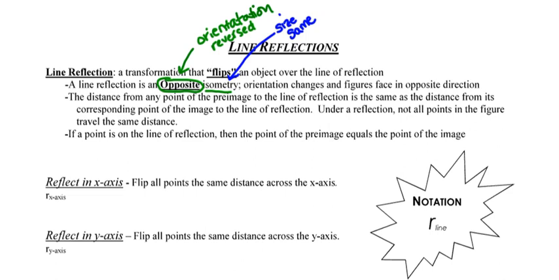Now, one thing that's interesting about a line reflection is that the distance from any point in the pre-image to the line of reflection is always going to be the same as the distance from its corresponding point in the image to the line of reflection.